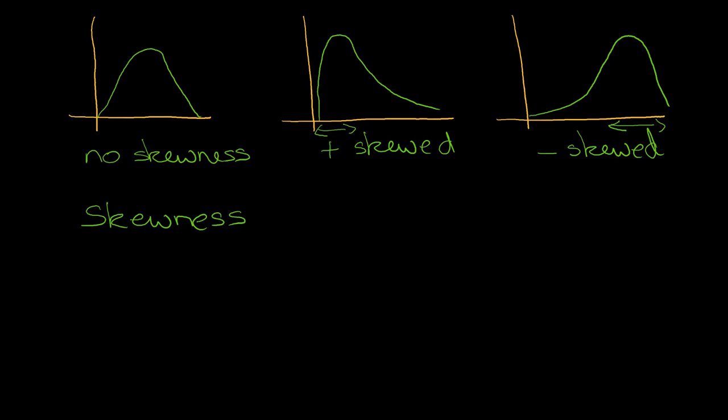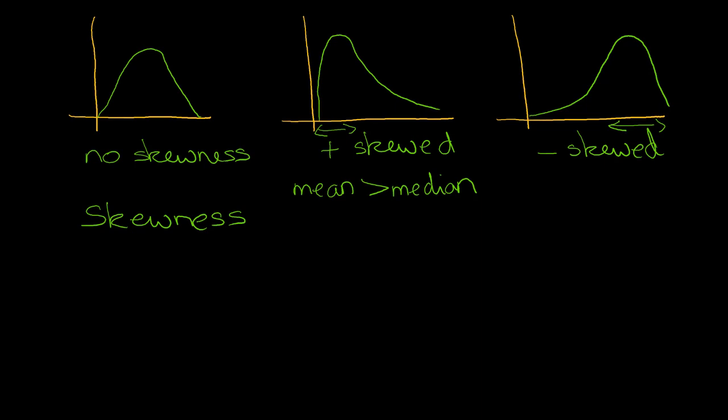Generally speaking, if it's positively skewed, then the mean will be greater than the median. Remember, the median is always just halfway through the data, wherever that happens to be, and the mean is the average that you get.